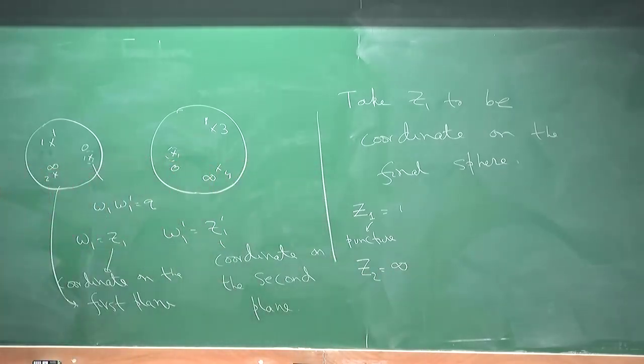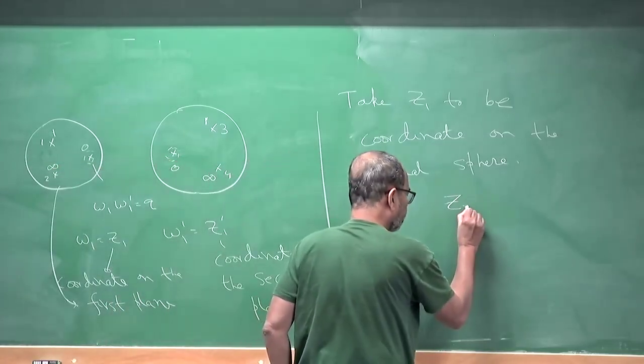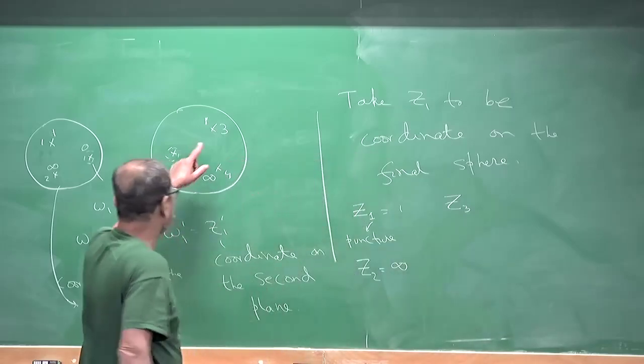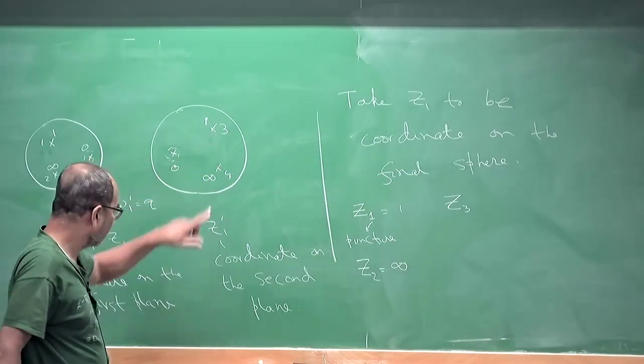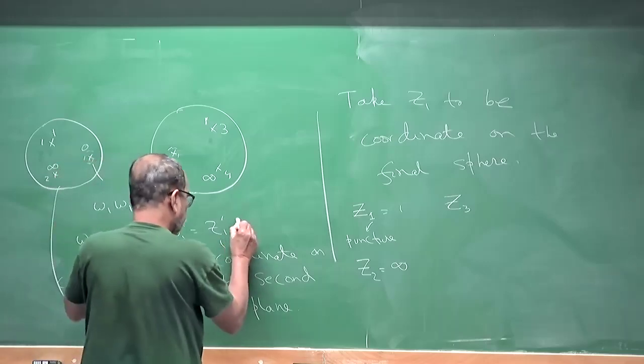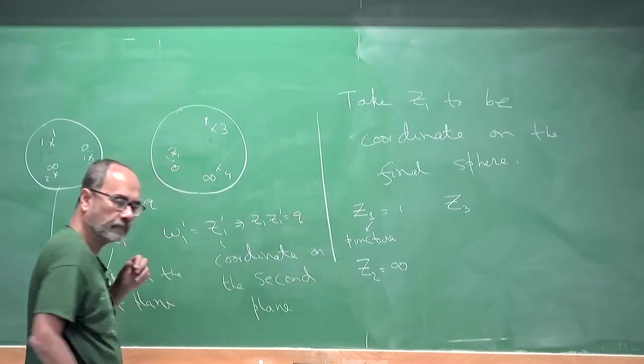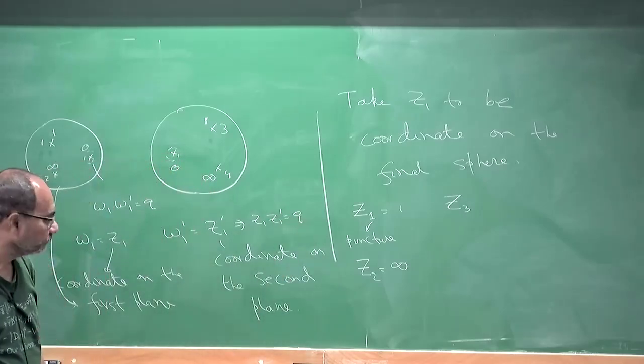Puncture 3: this coordinate was known in the Z prime coordinate, but we now have this identification. So this translates to Z1 prime equal to Q over Z1.